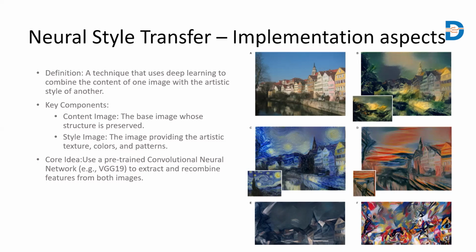So basically, the key components of neural style transfer would be the content image, the base image whose structure is supposed to be preserved, and the style image, which provides the artistic textures, colors, and patterns. So we have a pre-trained convolutional neural network, CNN model, which extracts the features, textures, colors, and patterns from the style image and recombines them with the content image to generate an image that recombines features from both the images.